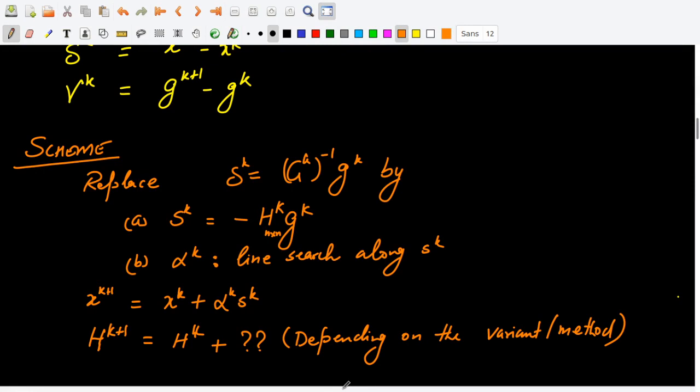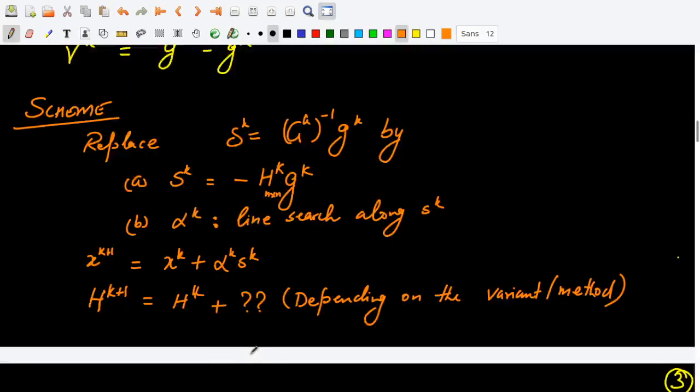Like I said, there are many variants of Quasi-Newton methods. So depending on which method we are talking about, this update will keep changing. And lastly, k is k plus 1.